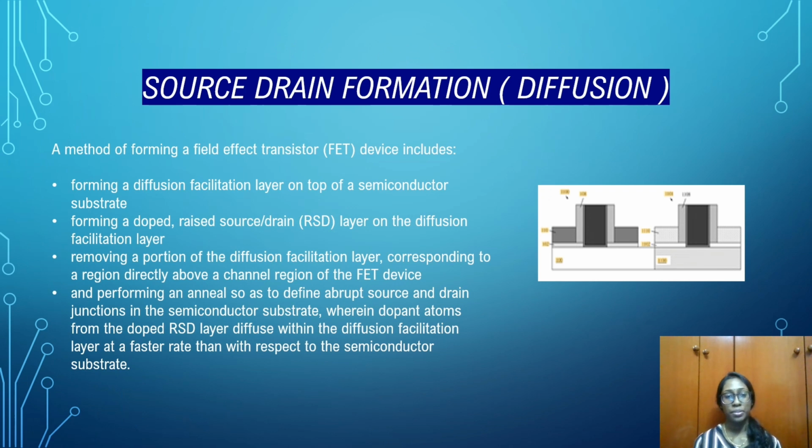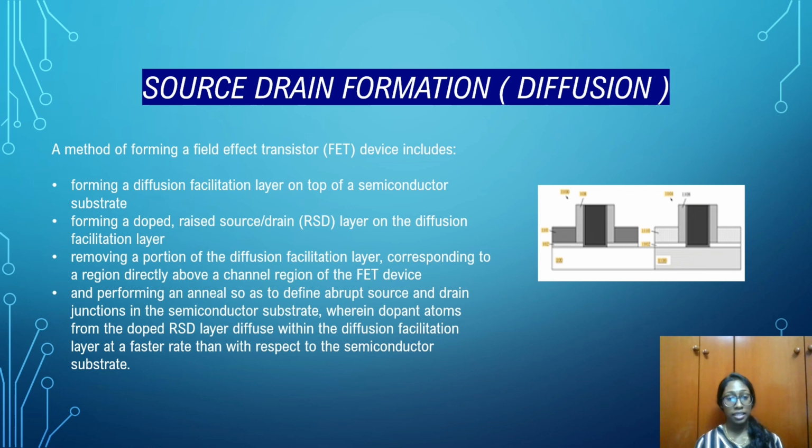Next we are going to discuss what a source drain formation is. A source drain formation is a method of forming a field effect transistor device which includes forming a diffusion facilitation layer on top of a semiconductor substrate. Next, forming a doped, raised source or drain layer, called RSD, on the diffusion facilitation layer. Next, removing a portion of the diffusion facilitation layer corresponding to the region directly above a channel region of the FET device.